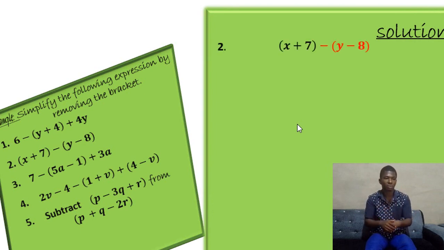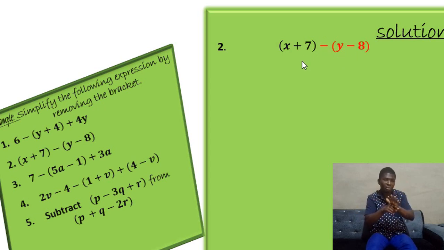Just like we have it on the screen here, this is x plus 7 in a black bracket, but notice there is no sign here. Once there is no sign, we don't really need to struggle with this. But here, this red bracket, there is a negative before it. So you need to simplify the bracket with the negative before it.